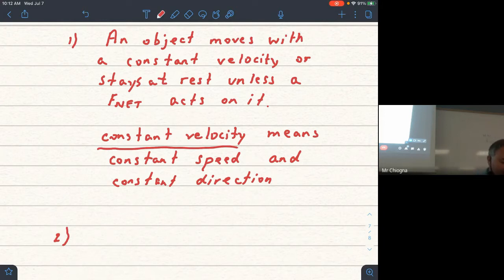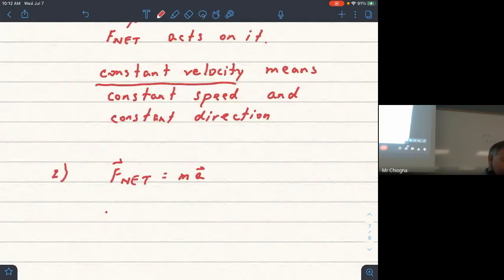Second law essentially is this. It's just this, and I'll go into more detail. We already described F net. It is a vector in the same direction as the acceleration.